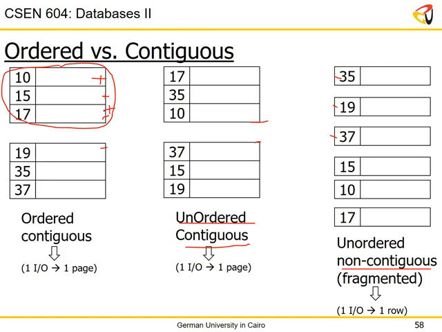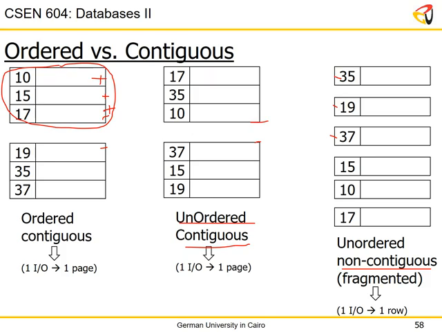If I say that this relation is also contiguous, this means these rows, the three I'm just labeling, putting an X on them, are stored in a cylinder. So I will read this page, let me just put a circle around it, I will read all of this in one I/O because they are stored in a cylinder, as we described before. So this is ordered and contiguous.